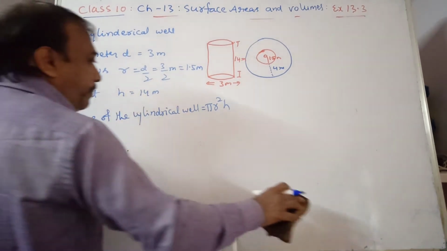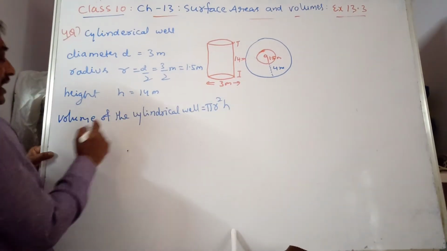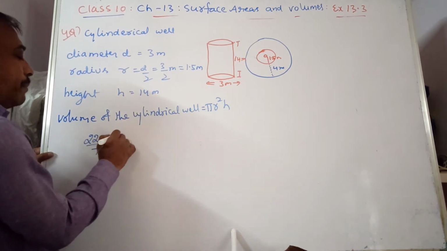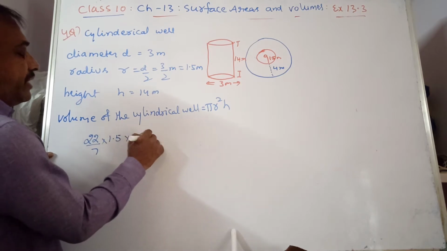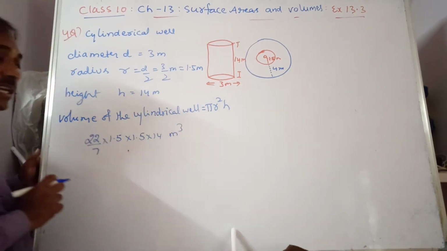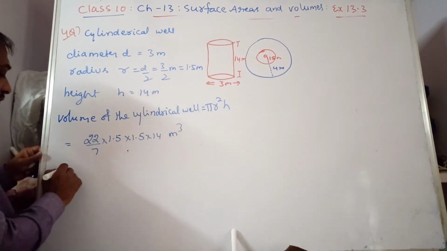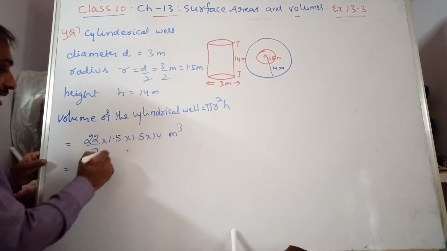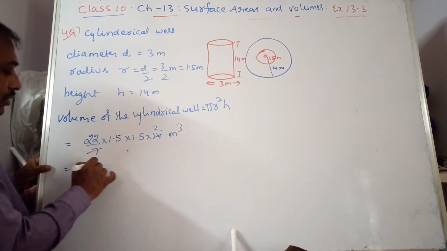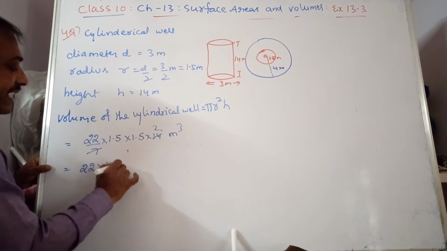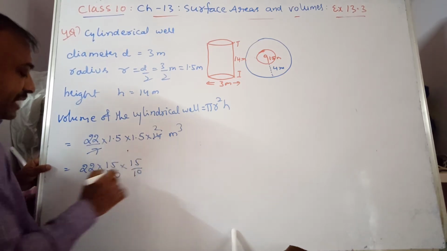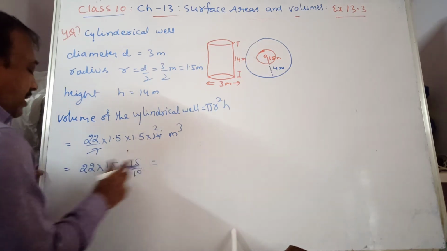Now the pi value we know is 22 by 7, into the radius 1.5 into 1.5, into 14 meter cube. If you simplify this value, 7 ones are 7, 7 twos are 14. Then 22 into 15 by 10 into 15 by 10 you can write.